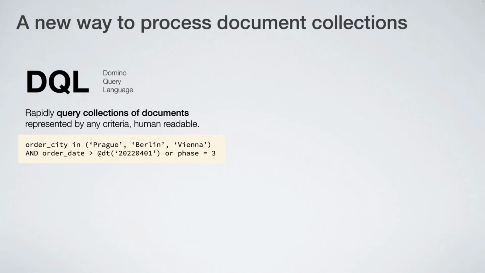One query is on the screen: give me all documents where field order city is either Prague, Berlin, or Vienna, and also field order date is newer than 1st of April, or field phase has value 3. And it runs very quickly.